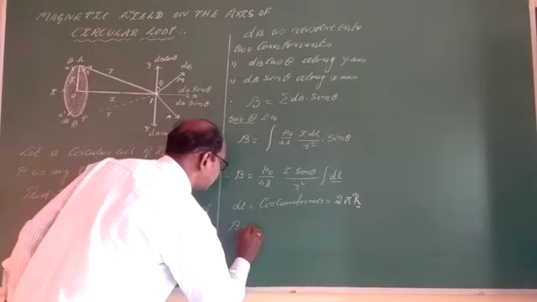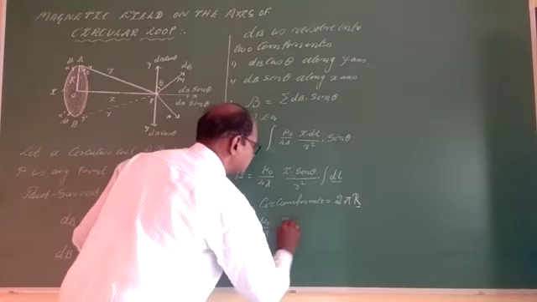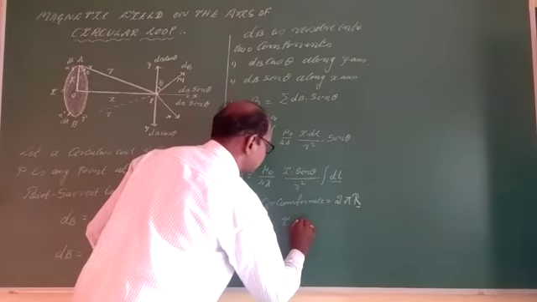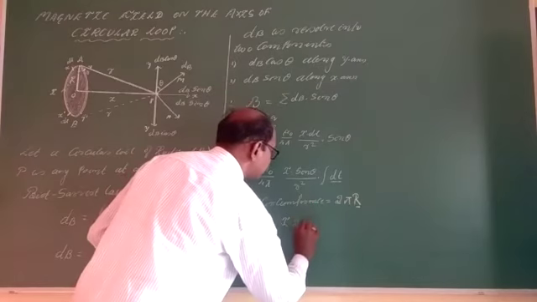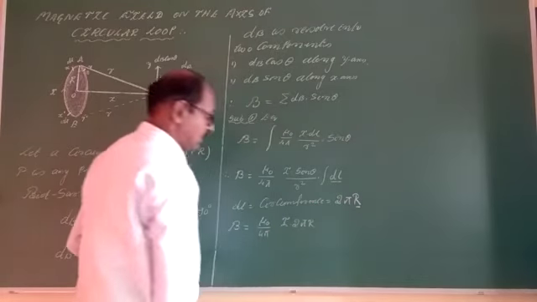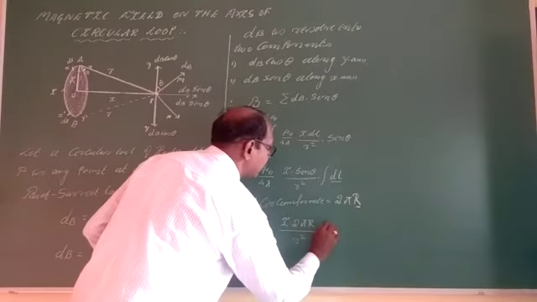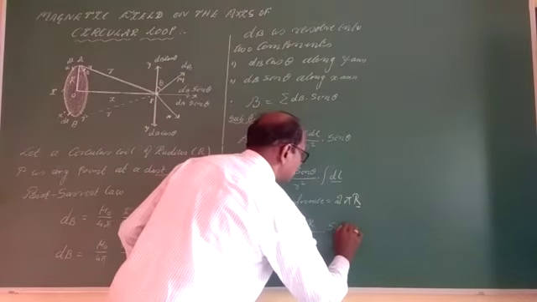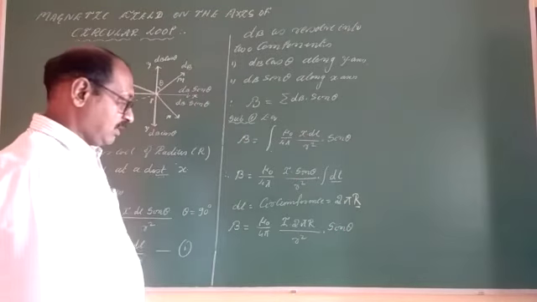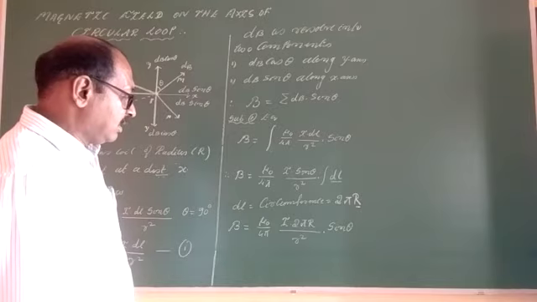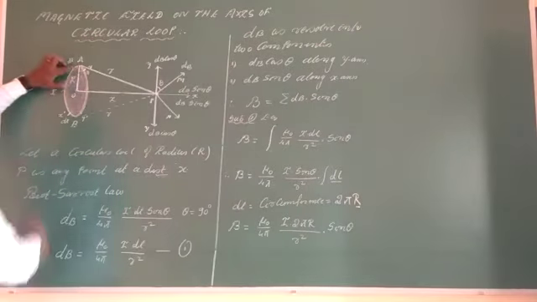So B is equal to mu naught divided by 4 pi, I into 2 pi R divided by r square, into sin theta. Sin theta we will take later. Now what is this sin theta? Let us understand it. Here is the theta.